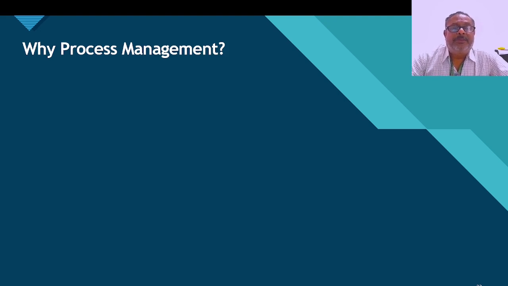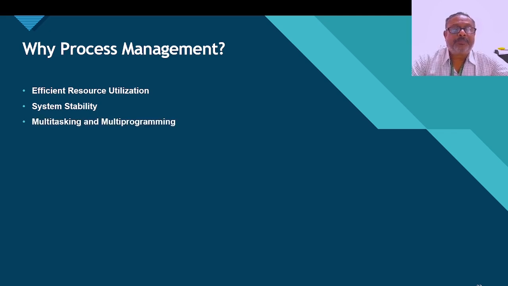So what's process management? It's essentially used for efficient resource utilization. It maintains the stability of the system, making sure that the resources are properly allocated to the various processes so that everything runs smoothly. So there is no instability in the system.